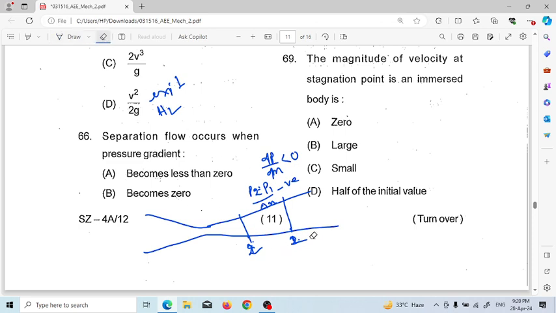Just a minute, we have to erase it. And the flow separation will occur in the diverging section. This is converging section and this is diverging section, and this is 0.2 and this is, sorry, this is 0.1.